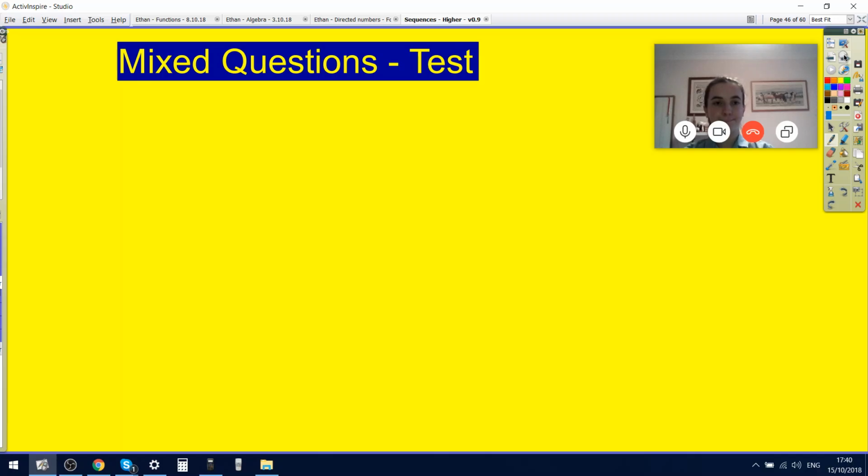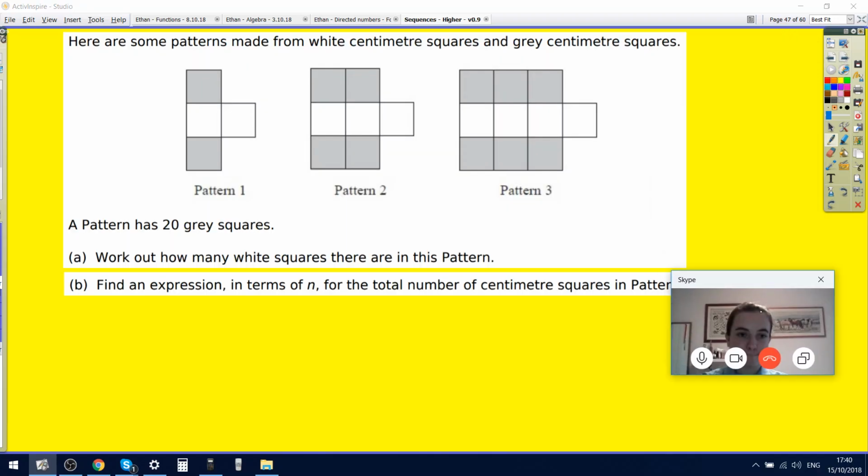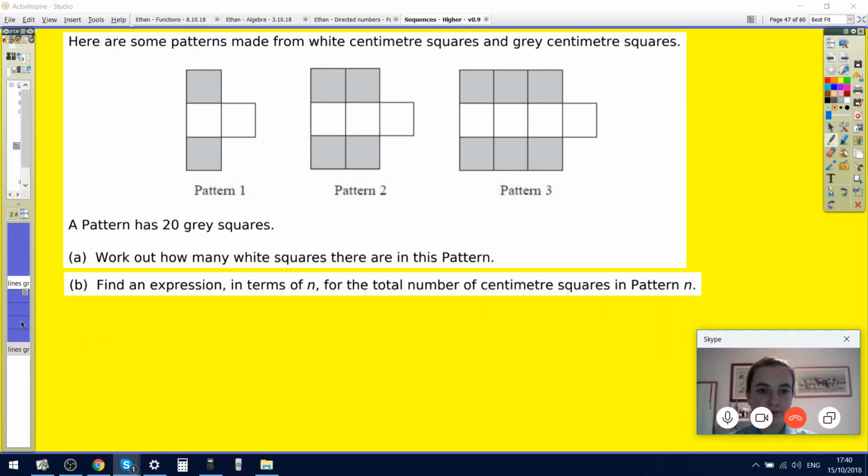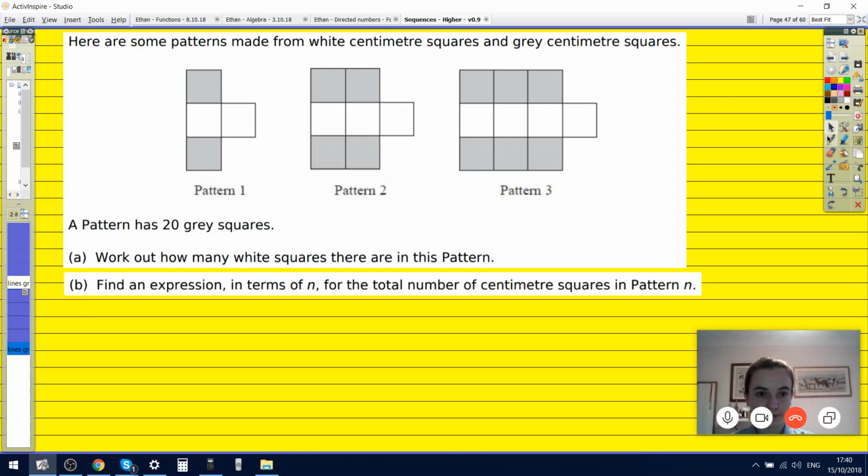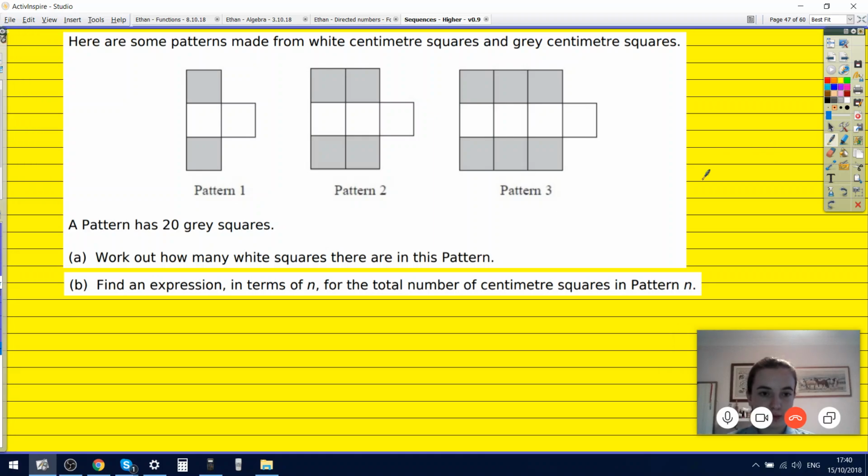Okay, so mixed test. Let's try this. So 3n plus 1. Mm-hmm.